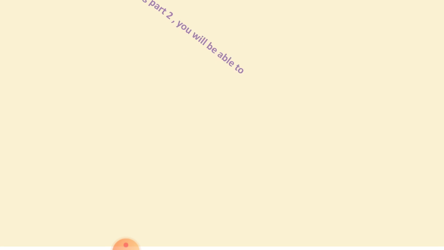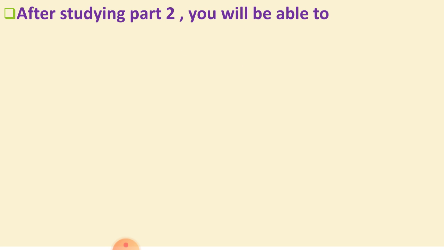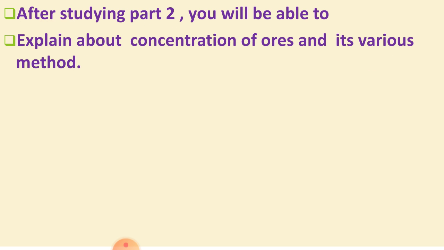So dear students, after studying part 2, we will be able to explain the concentration of ore and its various methods, that is hydraulic washing, magnetic separation and froth flotation. These are basically physical methods of separation, and there is one chemical method, that is leaching.